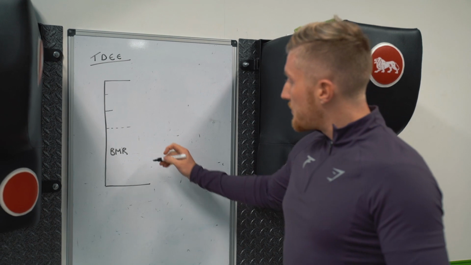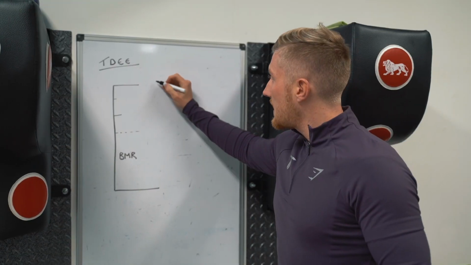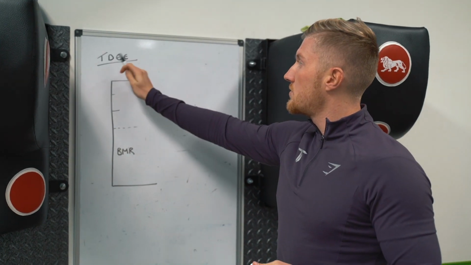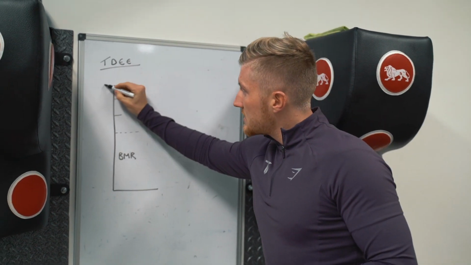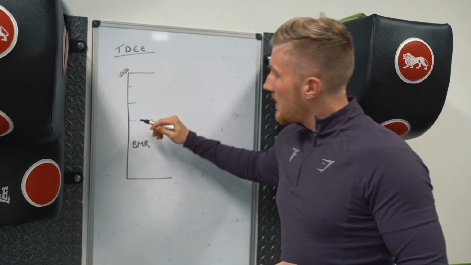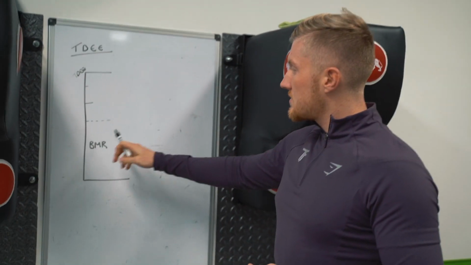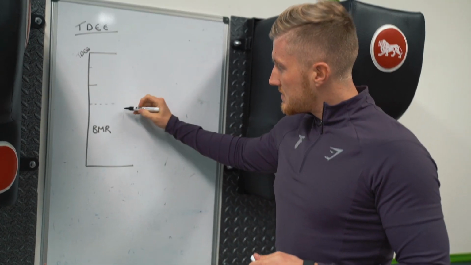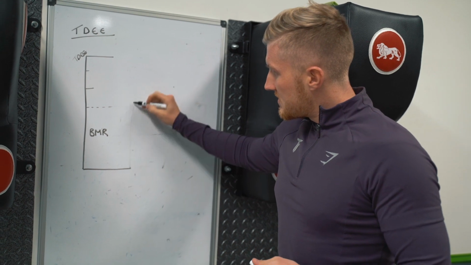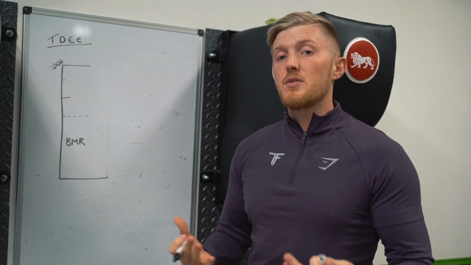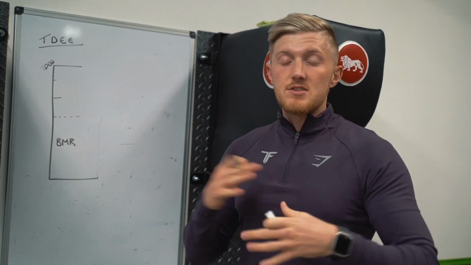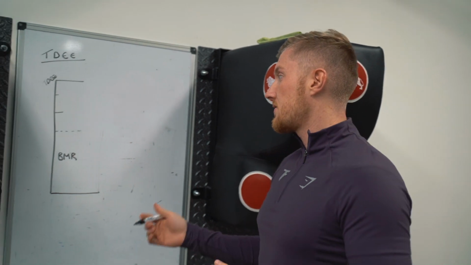So guys, basically your calories are made up of your total daily energy expenditure, and within that total daily energy expenditure it's made up of all these segments. The main bulk is your BMR, which is basically if you were to lie in bed all day, how many calories your body would burn just to stay alive based on weight and height and age and a whole host of different stuff, right?